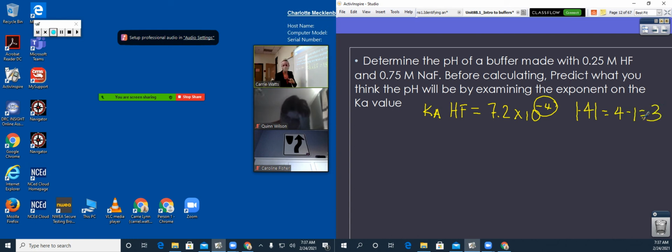So my estimate for my pH would be 3, without using a calculator. Now, if I actually take the negative log of this number, which I can use in my equation, I get 3.14.